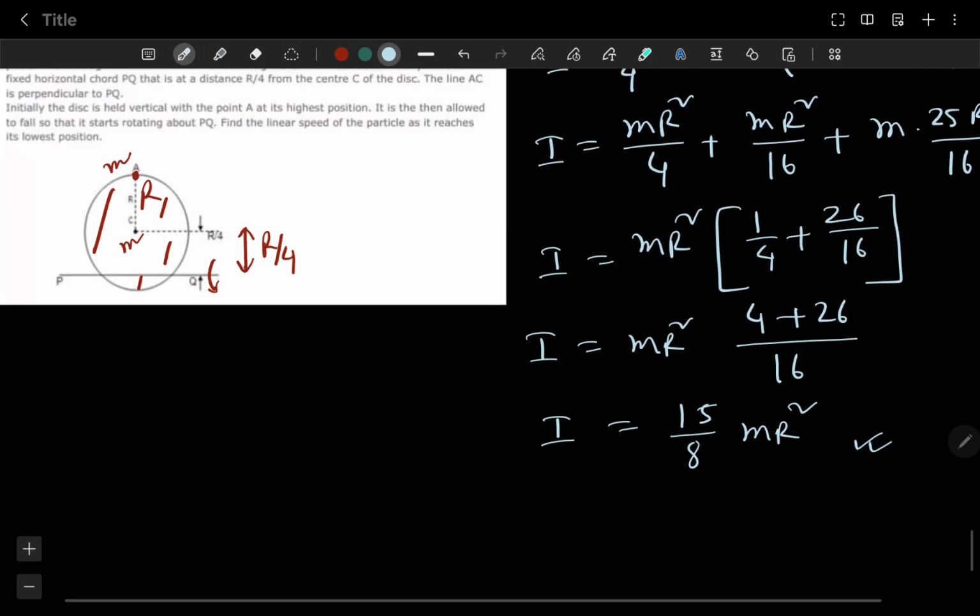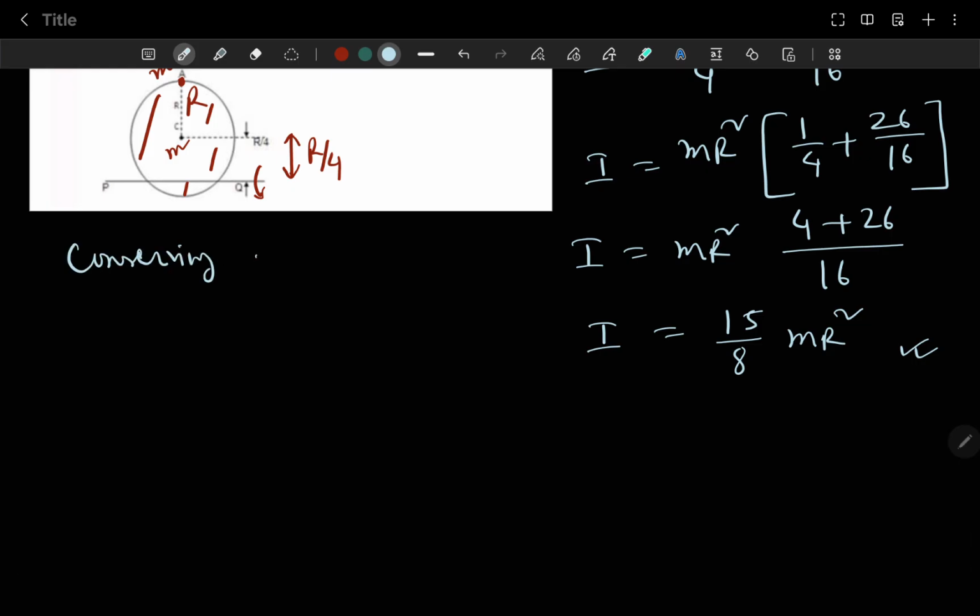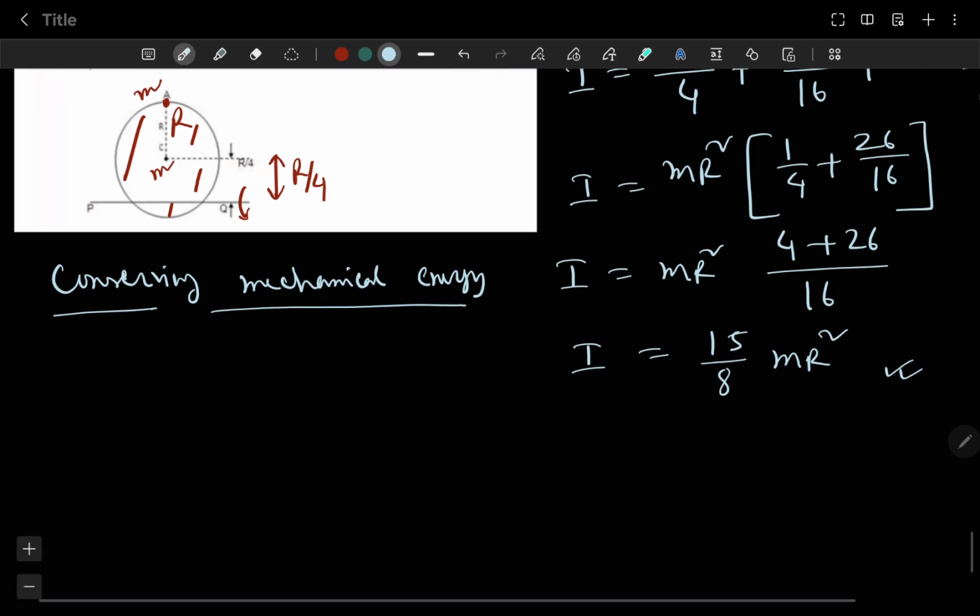Alright, now we just have to use the conservation of mechanical energy. Conserving mechanical energy, the change in potential energy will be equal to the kinetic energy. The change in potential energy: this point particle is at a height of 5r/4.